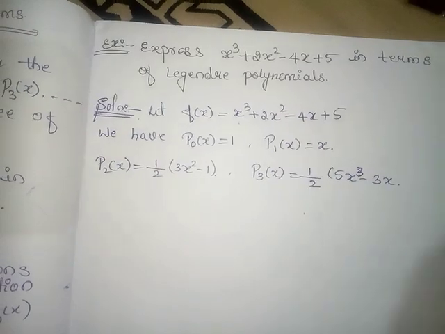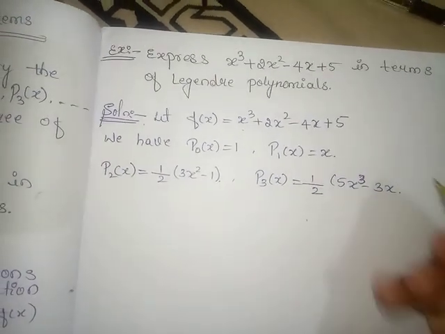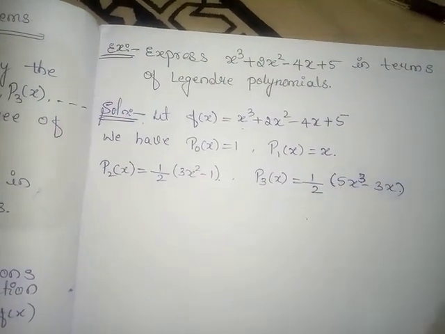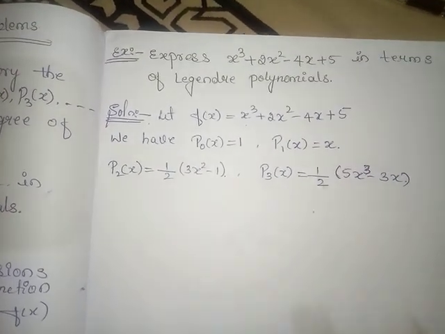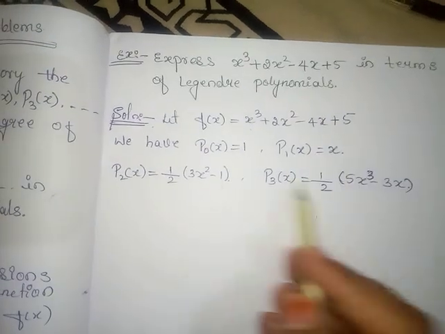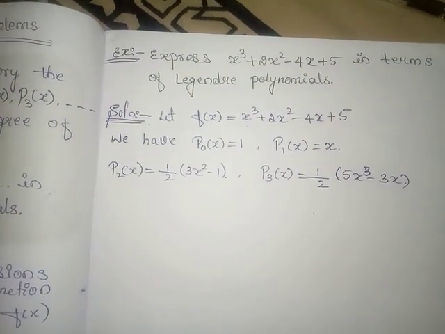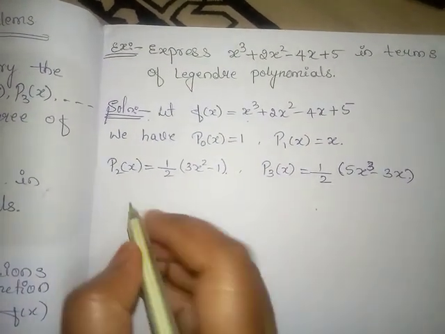First step is over. Here we are writing the Legendre's polynomials according to the given degree of the polynomial. Here we have degree up to 3, so we write the Legendre's polynomials up to P3 of x.